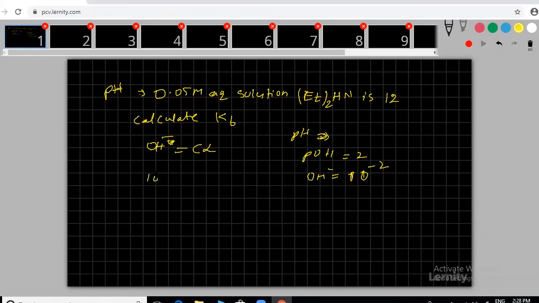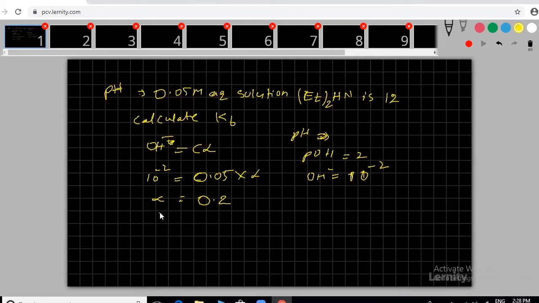Substitute here: 10 power minus 2 equals the C value they gave, 0.05, times alpha. Find the alpha value. What is the alpha value here? 0.2. Is it correct?